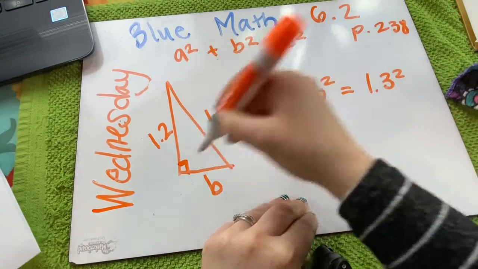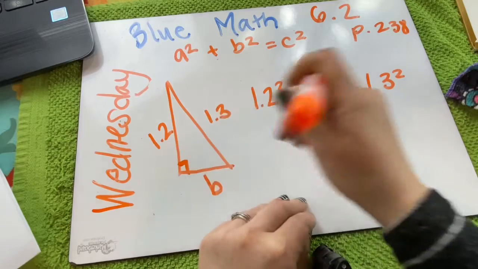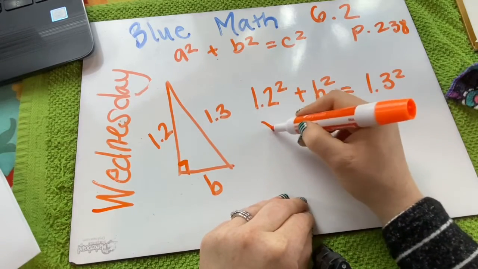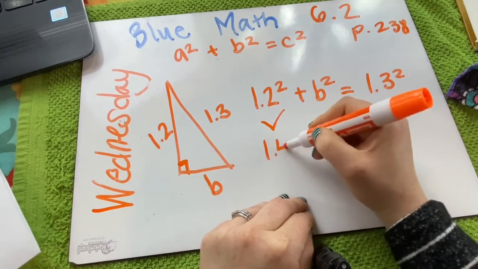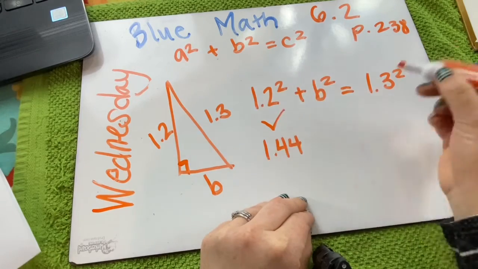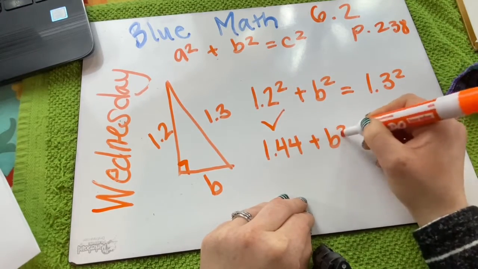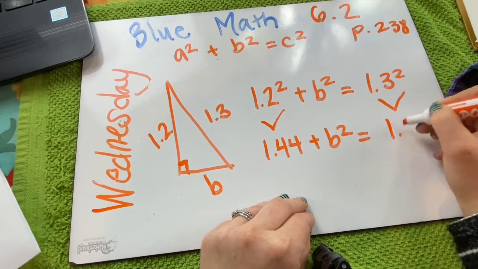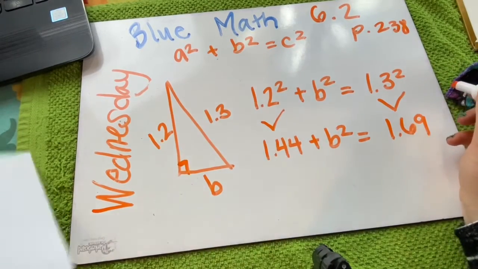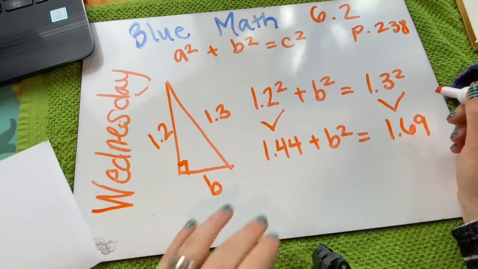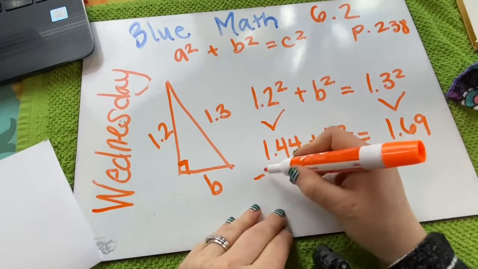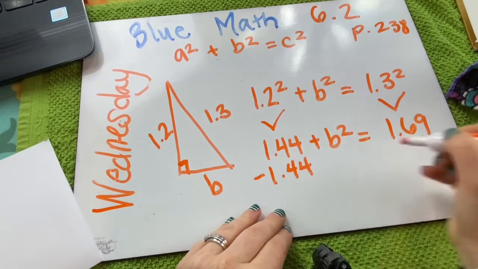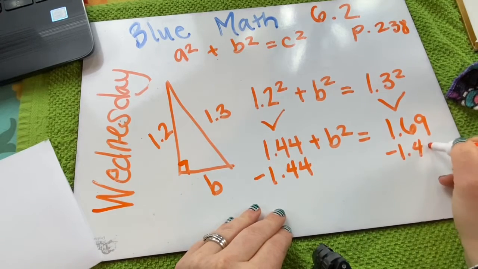Okay? So A and B go next to that one. Okay, so 12 times 12 is 1.44 because we have that decimal point, plus B squared equals 13 times 13 is 1.69. And the reason why is because I have my cheater sheet sitting right here next to me. So I'm going to minus 1.44 minus 1.44.